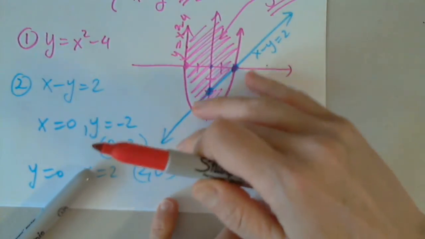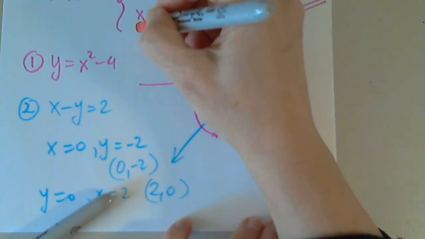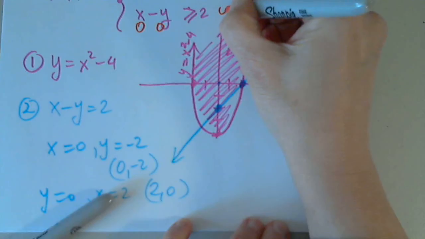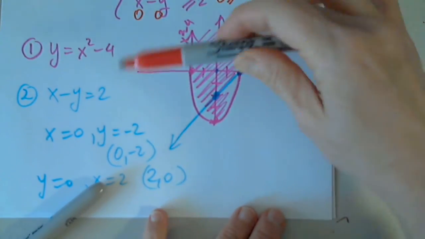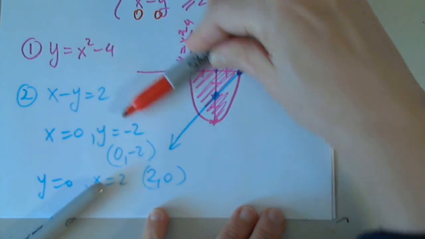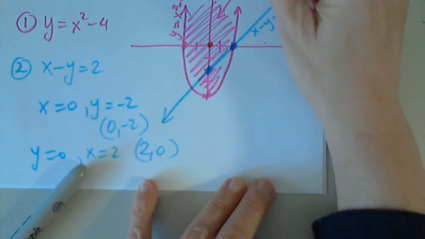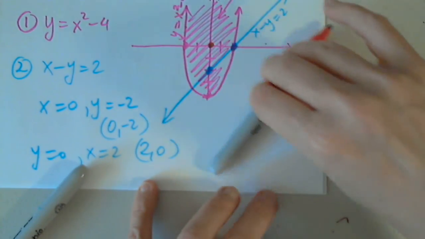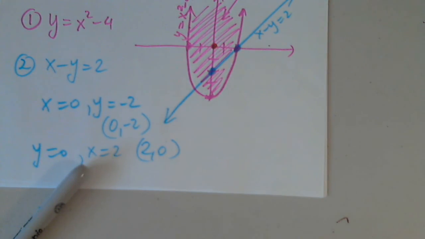If it's false, I will shade in the opposite. So with 0, 0, I get that 0 is greater than or equal to 2. If you say true, I will have to shade the area that contains the point I picked. If you say false, I have to shade in the opposite area that does not have the point I checked with. So is it true or false?